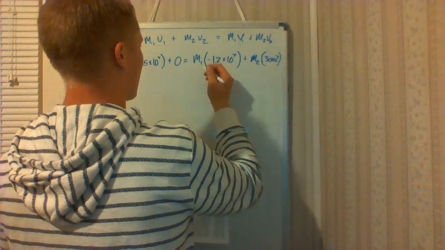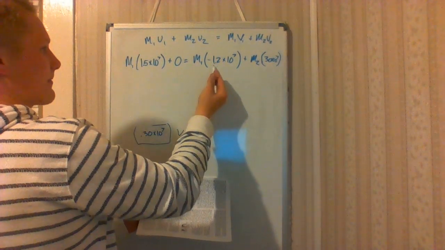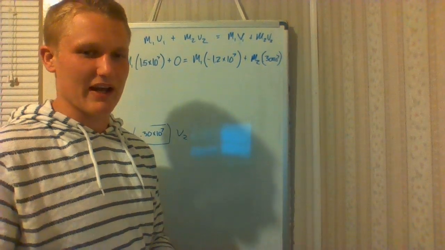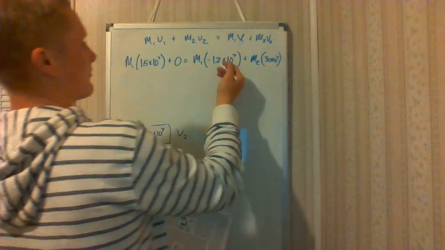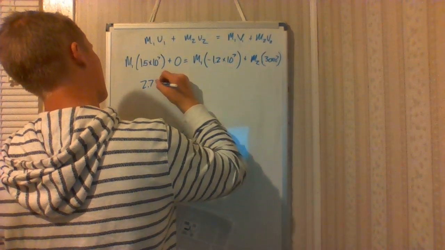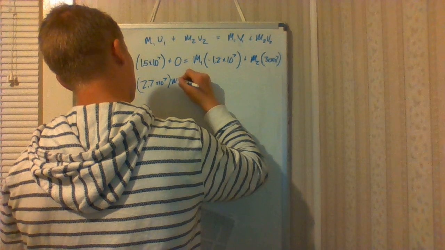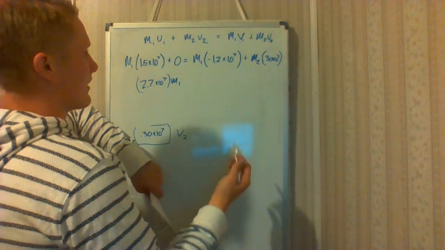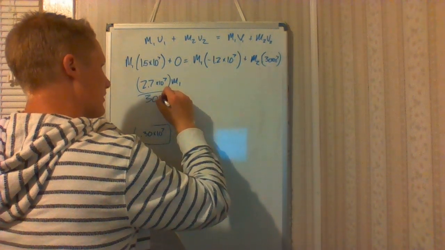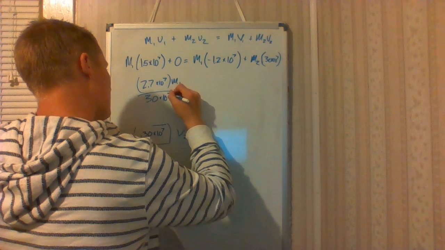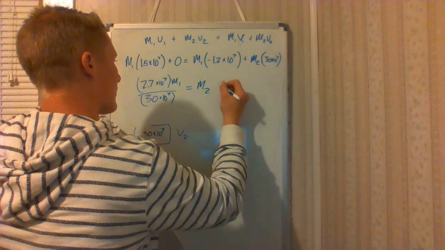Now we can move m1 over. Well, I'll just work it out. So it's m1 and then divide by 0.3.